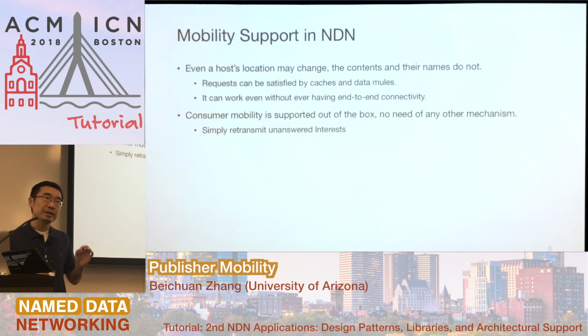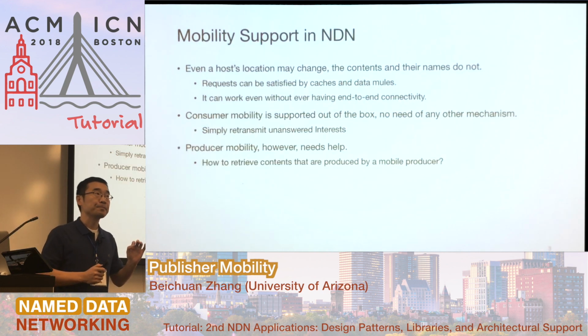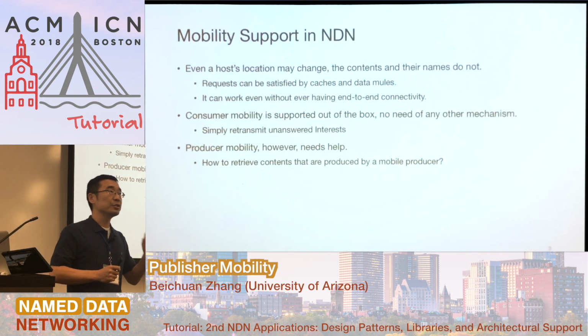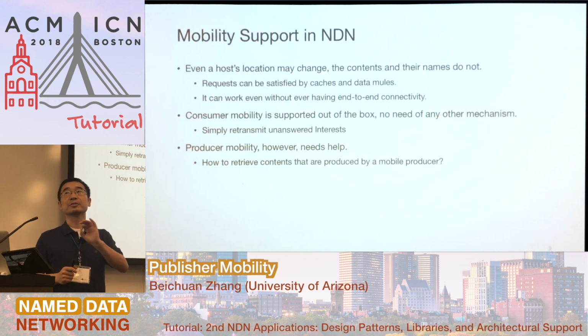If we look at more details in NDN, if the consumer moves and the producer doesn't move, we don't need anything actual. Everything just works out of the box. The consumer will keep sending interests, and if an interest doesn't get answered for whatever reason, the consumer can retransmit the interest.